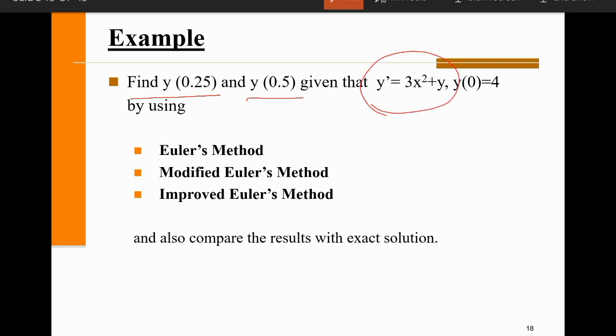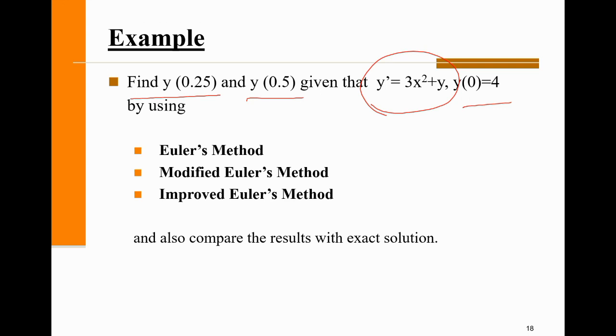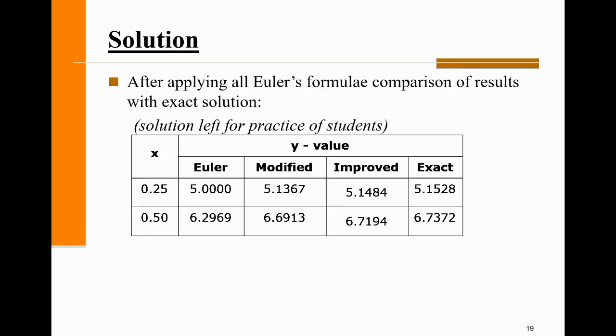The initial condition is that at x0, y is given to be 4, right? Now I am leaving this part of the solution to the students. They can calculate it as we have done in the previous examples. I have left this for your practice. You can calculate it and compare the results with my results, right?